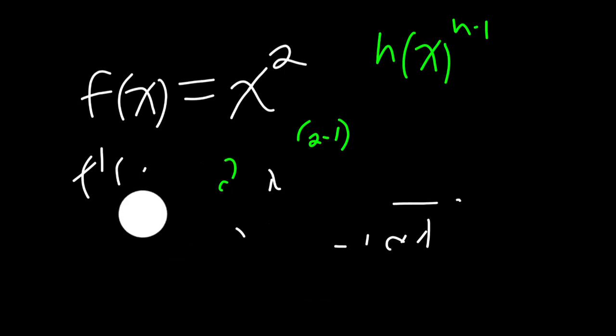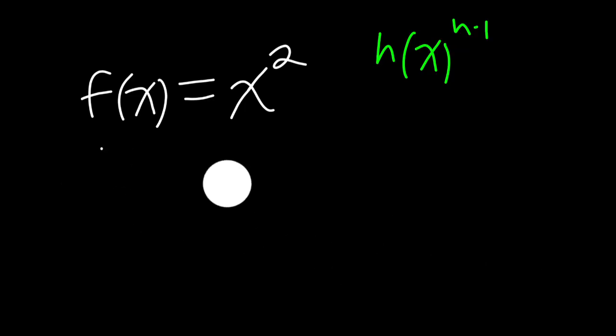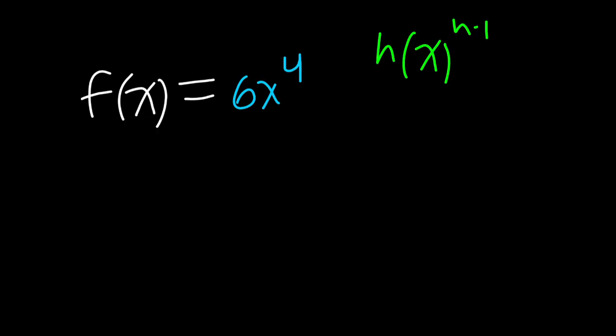Right. Now let's do a little bit more complex of a function. Let's do the function f of x equals 6x to the fourth. Go ahead and pause the video and see if you can do it. So f prime of x is going to be, multiply this. Sorry, I kind of described it badly. We're not just going to bring the n to the front. We're going to multiply it to the front. So if the front is already 6, like we have here, who cares? Still, we're going to multiply the 4. We're going to multiply this 4, let's put it in green, to the front.